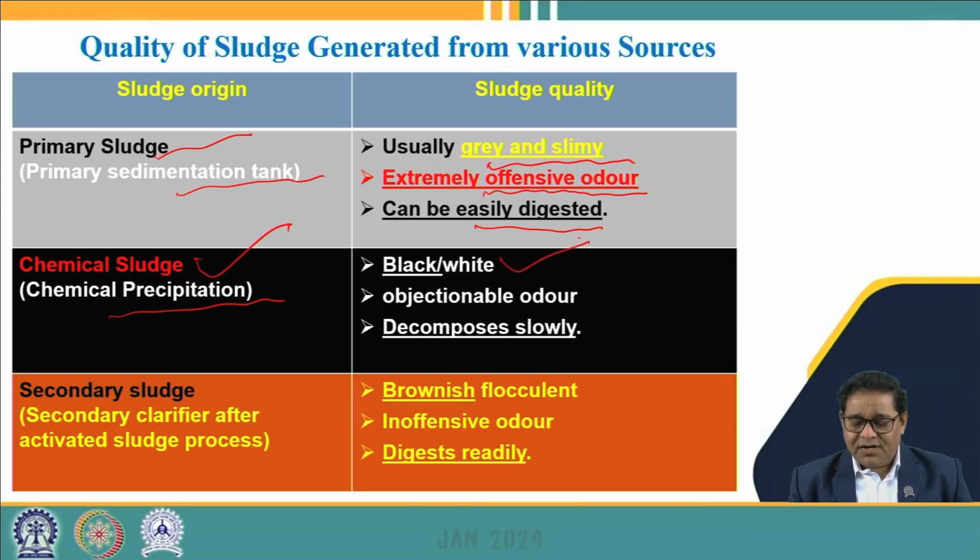Its color may vary from black to white, it has an objectionable odor, and it decomposes very slowly. Secondary sludge, generated from the secondary settling tank after the activated sludge process, is in the form of floc. It is brownish in color, has no offensive odor, and can be readily digested.